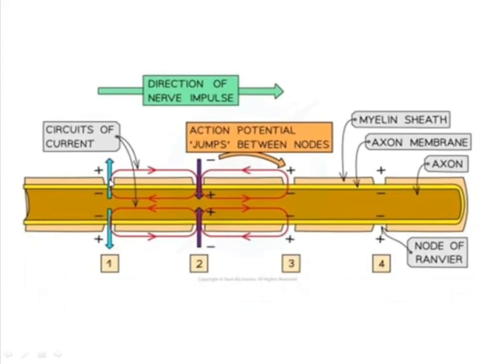Here the action potential occurs, right? The action potential jumps between two nodes. Here you can see the myelin sheath, the axon membrane, the axon, and the node of Ranvier.